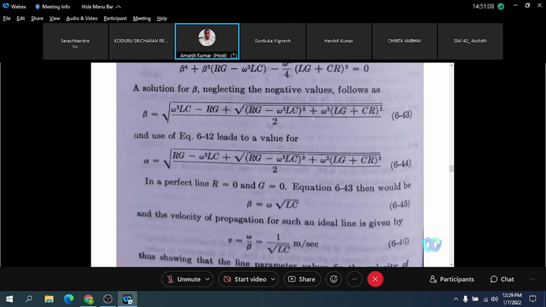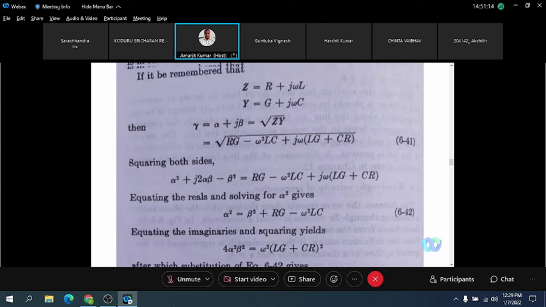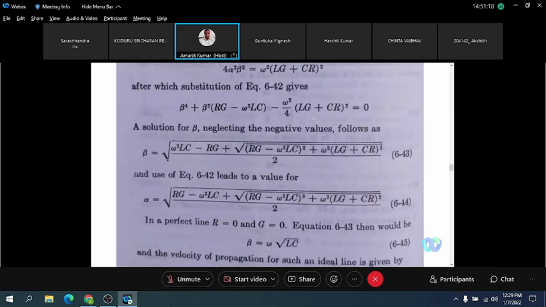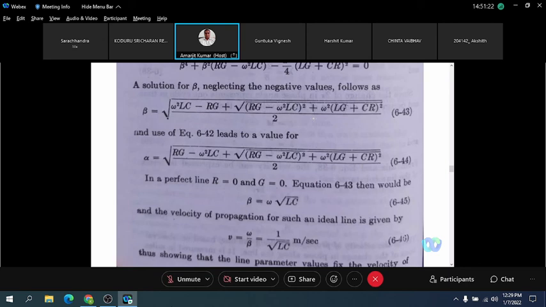In the exam you have to solve all these things step wise. It is easy, but you have to do it. So alpha is in terms of the primary constants of the transmission line, and similarly the attenuation constant alpha and phase constant beta.